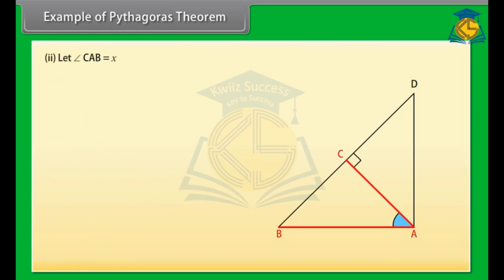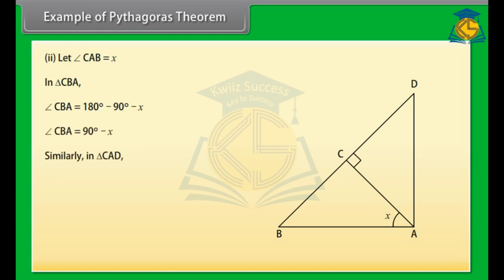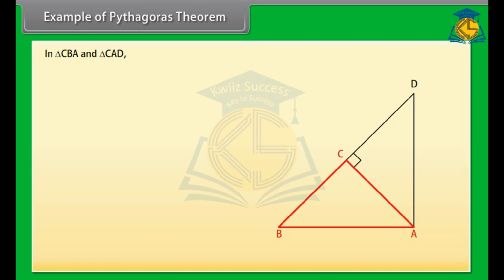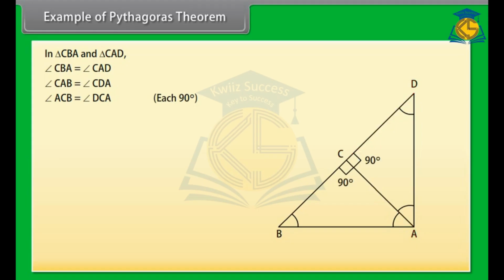2. Let angle CAB equals X. In triangle CBA, angle CBA is 180 degrees minus 90 degrees minus X, which is equal to 90 degrees minus X. Similarly, in triangle CAD, angle CAD is 90 degrees minus angle CAB, which is 90 degrees minus X. Angle CDA is 180 degrees minus 90 degrees minus (90 degrees minus X), which is equal to X. In triangle CBA and triangle CAD, angle CBA is equal to angle CAD, angle CAB is equal to angle CDA, angle ACB is equal to angle DCA, each is 90 degrees.